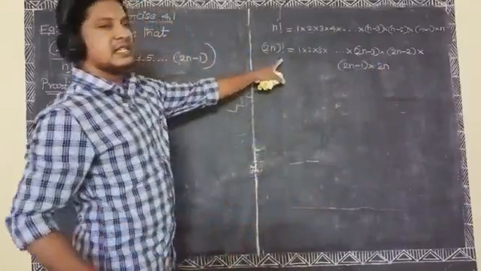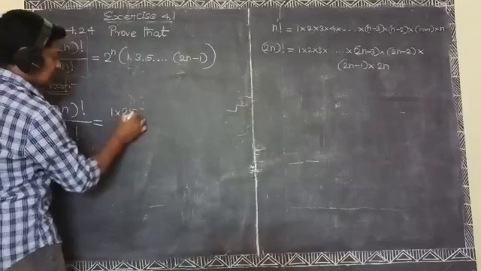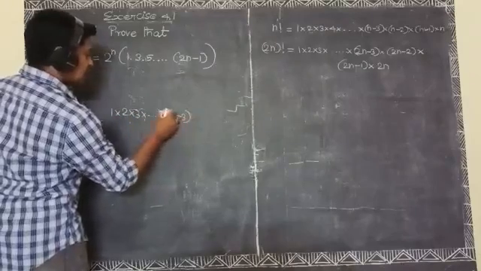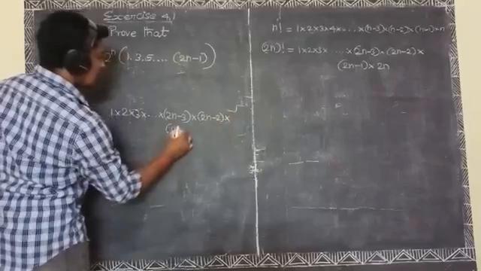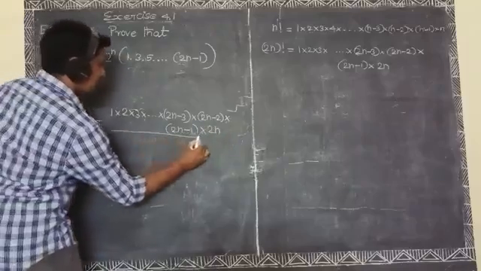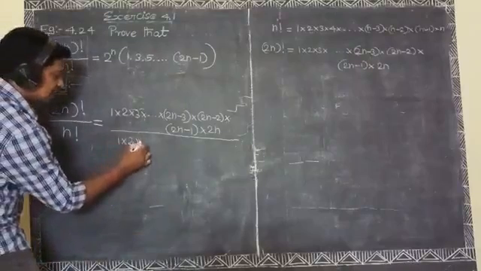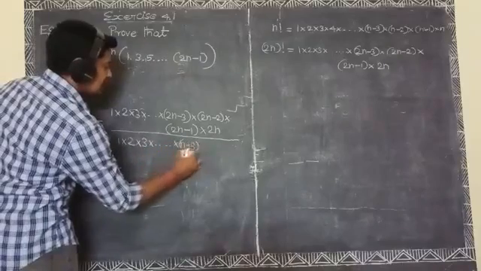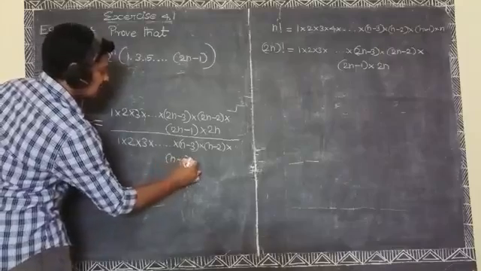Using this result, the numerator has 1 into 2 into 3 into and so on up to 2n minus 3 into 2n minus 2 into 2n minus 1 into 2n. This is the numerator. Then the denominator has n factorial, which we can rewrite as 1 into 2 into 3 into and so on up to n minus 3 into n minus 2 into n minus 1 into n.